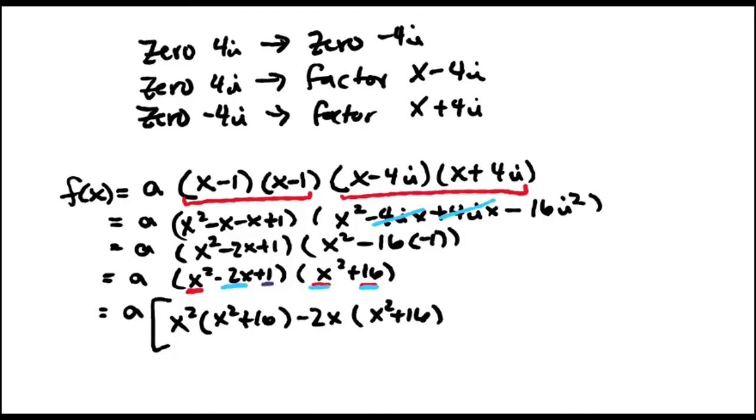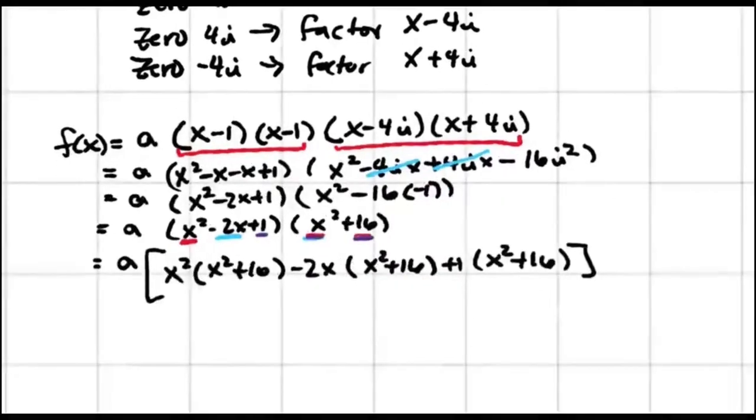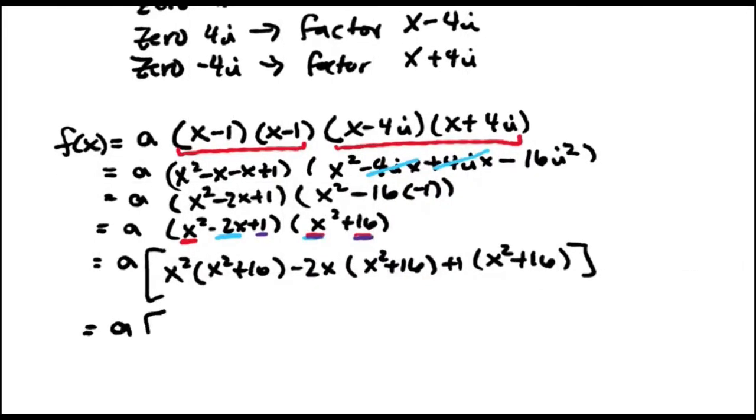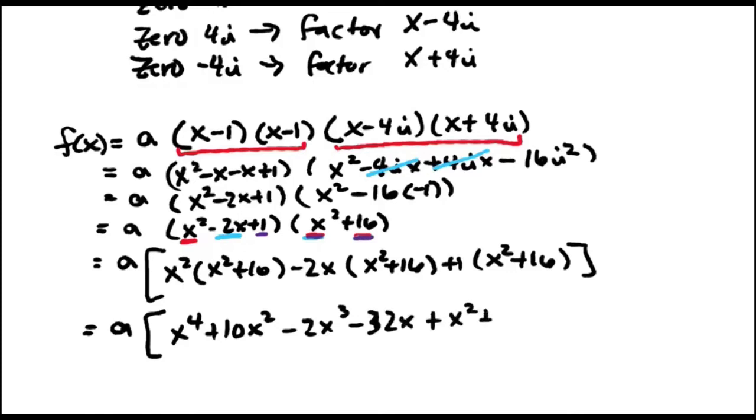And then finally I'll multiply 1 times both of these terms, that's 1 times x squared plus 16. I'll use the distributive property to get x to the 4th plus 16x squared minus 2x cubed minus 32x plus x squared plus 16.